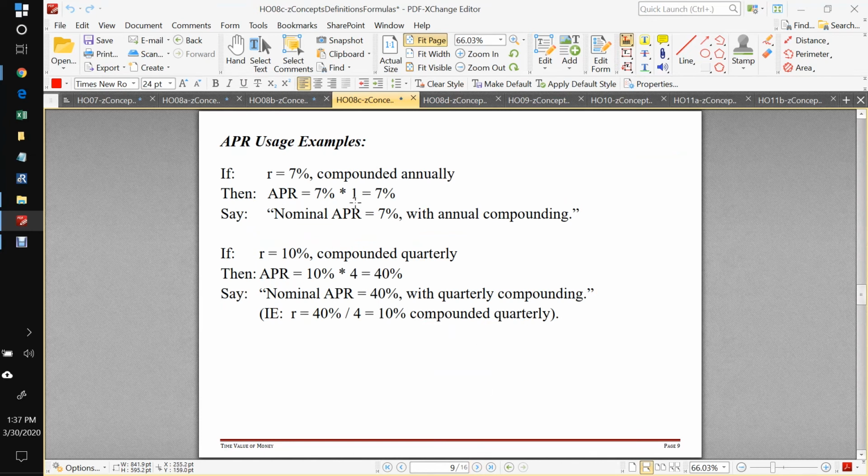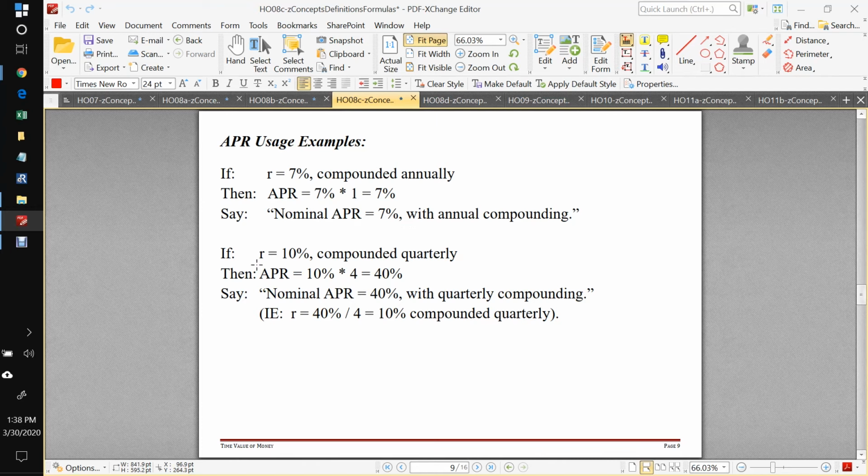So here are some usage examples. If we have a native R of 7% compounded annually, our APR would be 7% times 1, or 7%, and we would describe it as our nominal APR equals 7% with annual compounding.